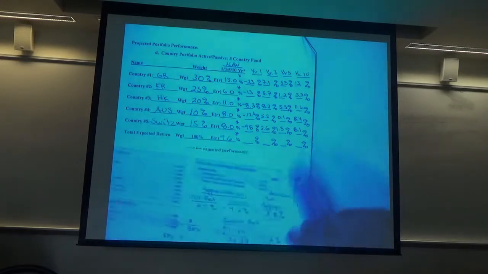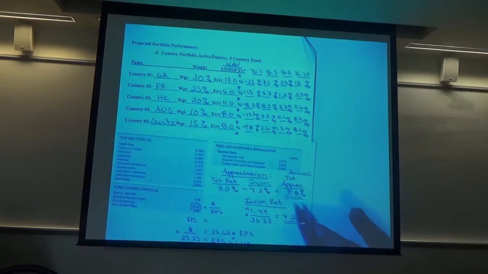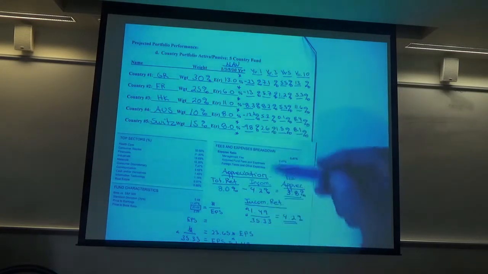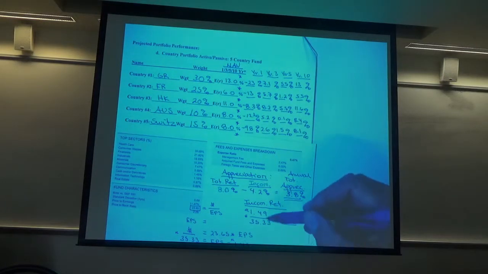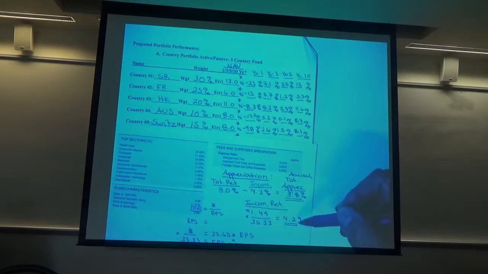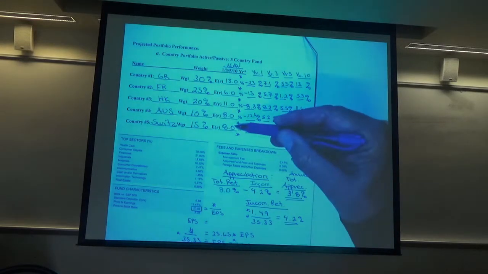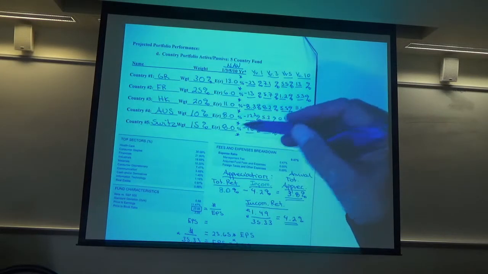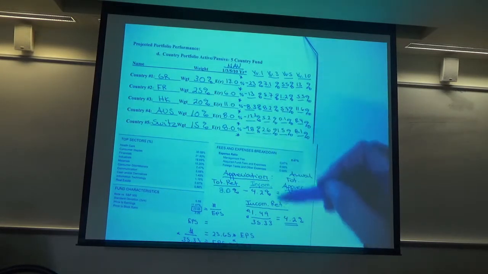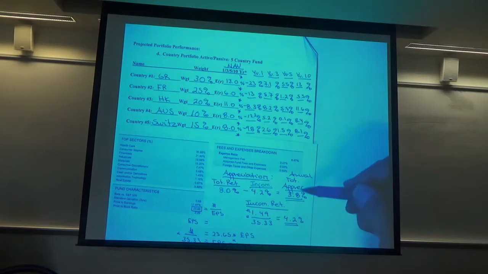Okay, so this is the Switzerland example. I can calculate the earnings per share divided by the current stock price. I get the income return. I also know that the expected return on the portfolio is 8%. So if I take the total return of 8%, subtract out the income return, I'm going to get the capital appreciation component.